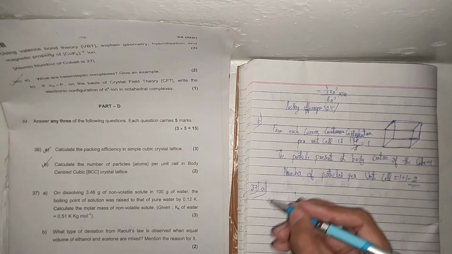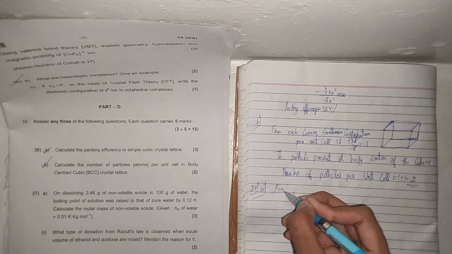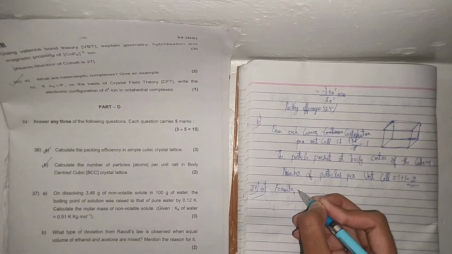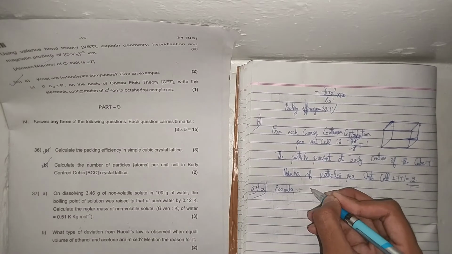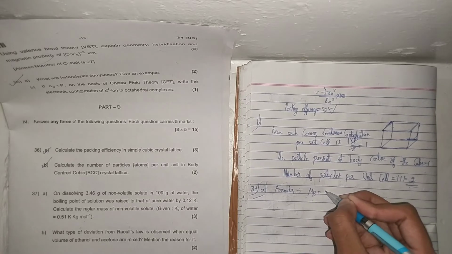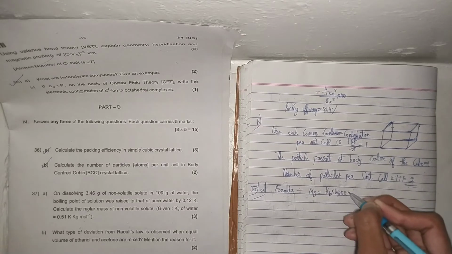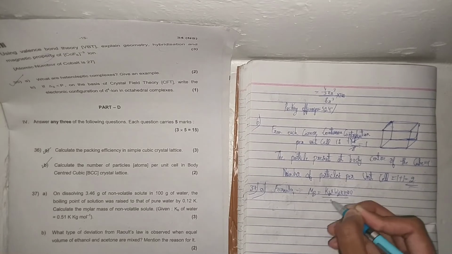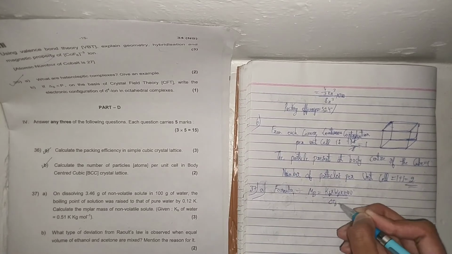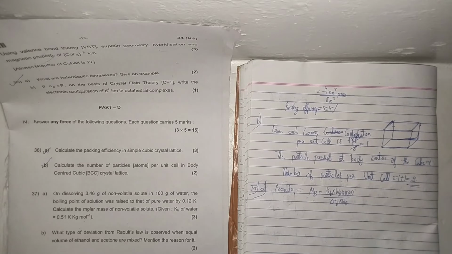Let us write the formula first: Mb is equal to Kb into Wb into 1000 by delta Tb into Wa.